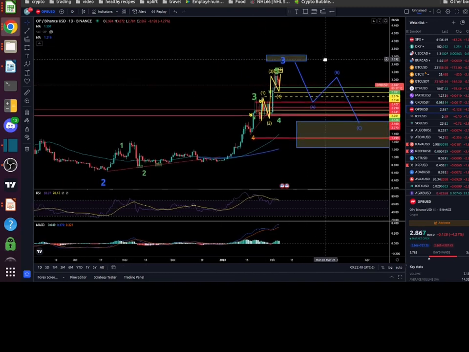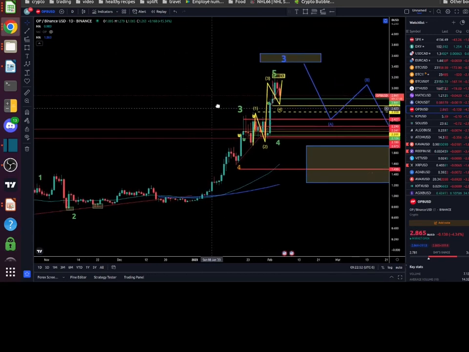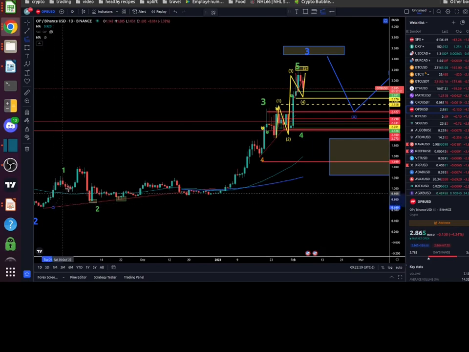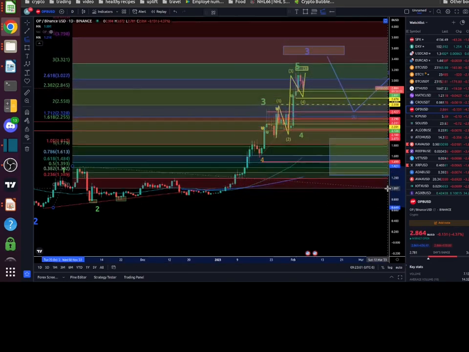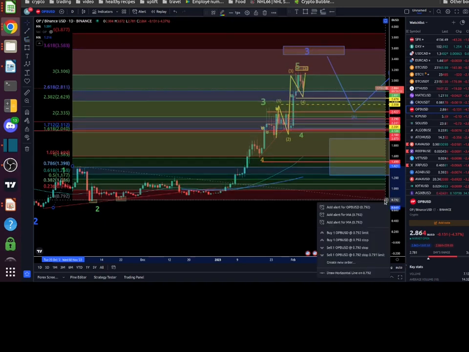So if we dig in more in detail, I think let me redo the Fibonacci extension just to be sure. So from the 1 to the 1 and the 2 here.